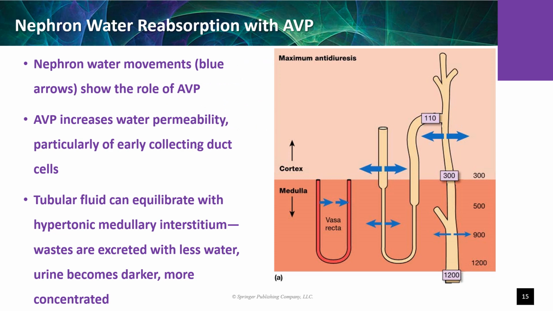Under conditions of dehydration, vasopressin levels and collecting duct water reabsorption, shown with blue arrows, increase, resulting in decreased urine volume, or antidiuresis, and increased urine osmolality up to the maximum of 1200.